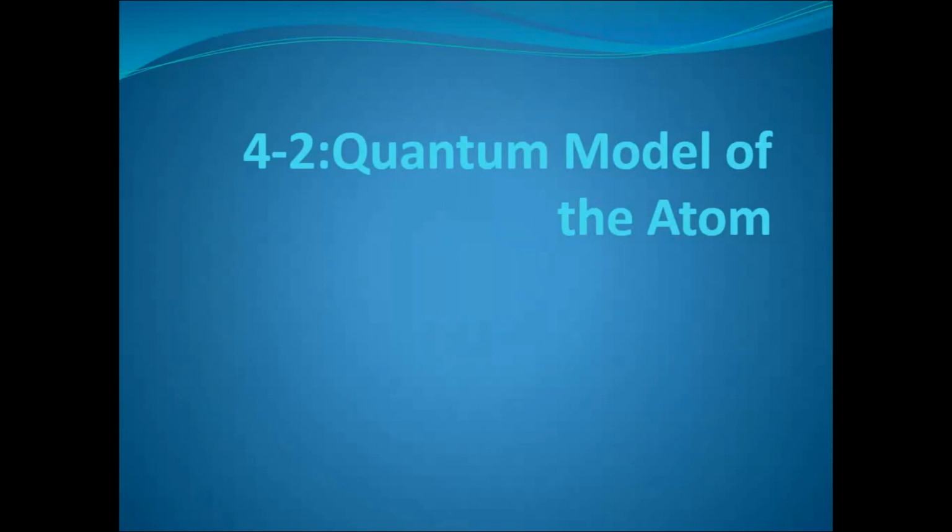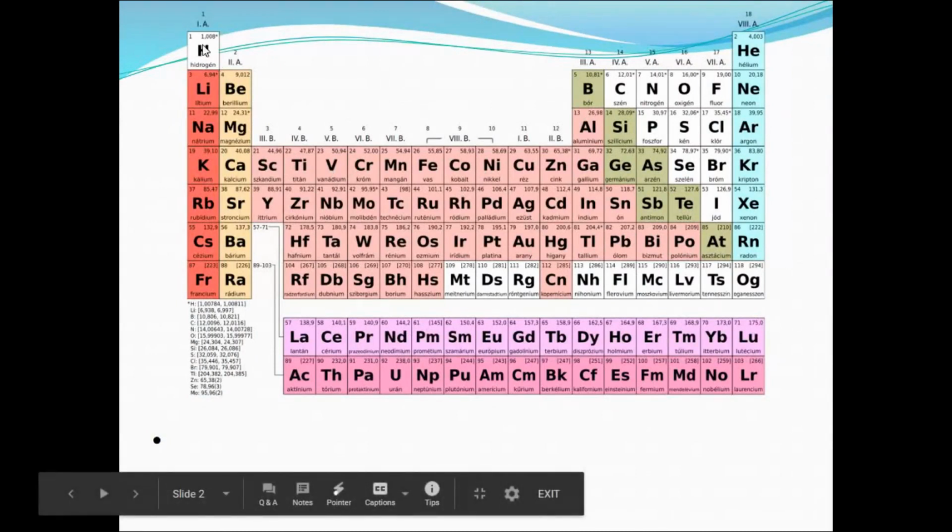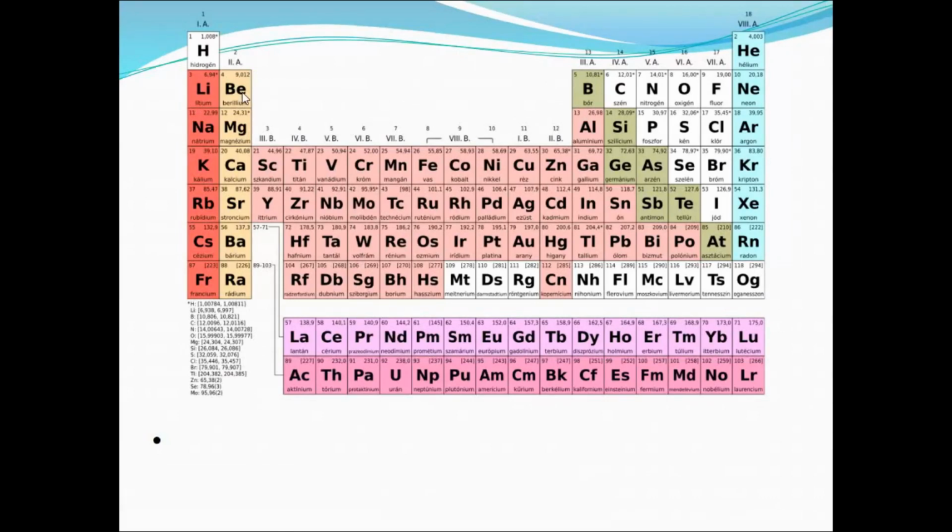So one thing to keep in mind, if we look at the periodic table, one thing that we talked about in the last chapter is every time you increase to a new element, we're adding protons, but if that proton is neutral, we'll be adding electrons as well. So if we start out with hydrogen, we should have 1 electron, and then helium should have 2, and lithium 3, beryllium 4, boron 5, and so on and so on.